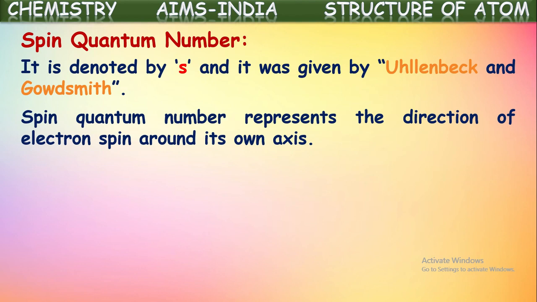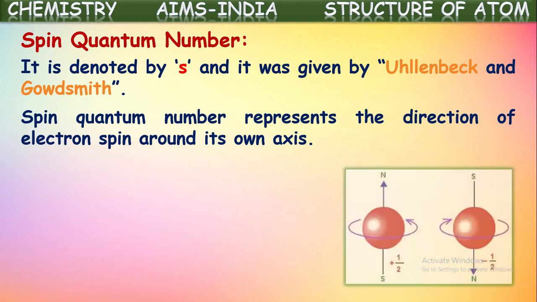Coming to the spin quantum number, it gives information about the self rotation of the electron. It is revolving around the nucleus, and at the same time it is having self rotation also. That self rotation of the electron is given by this 4th quantum number, the spin quantum number. That means the electron is either in clockwise spin or anti-clockwise spin.